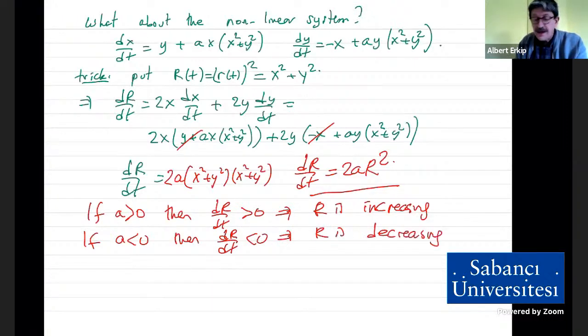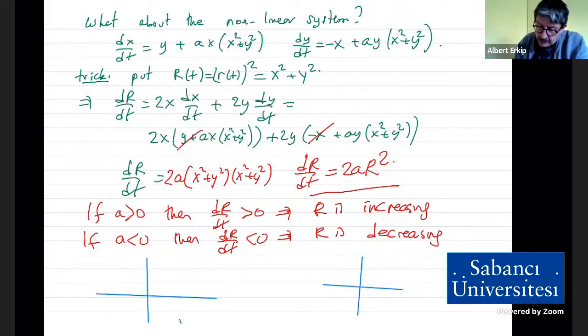But what is r? r is the distance from the origin. So if you look at the solutions, what do they look like? Let me just finish the graph. I'm doing two graphs, a positive and a negative.